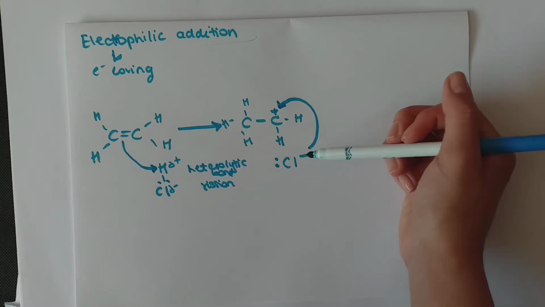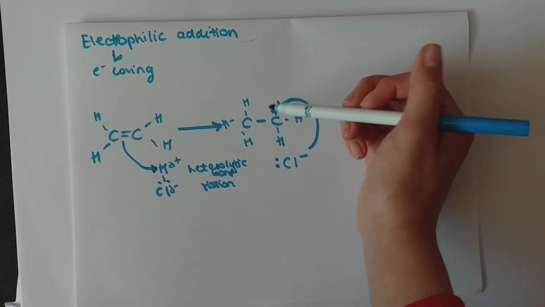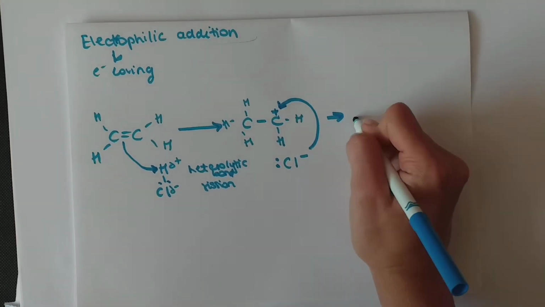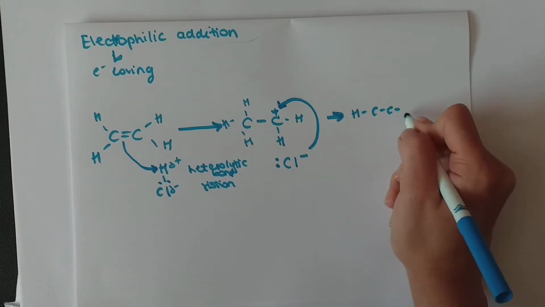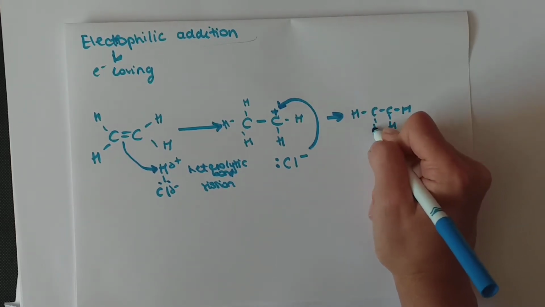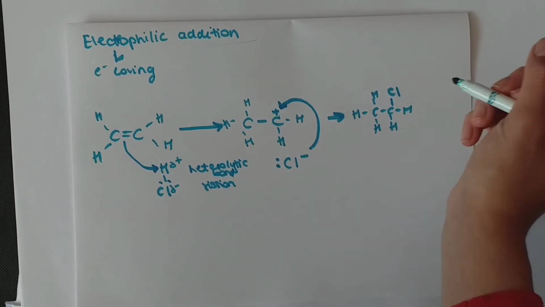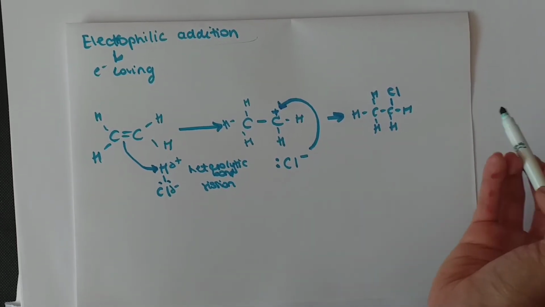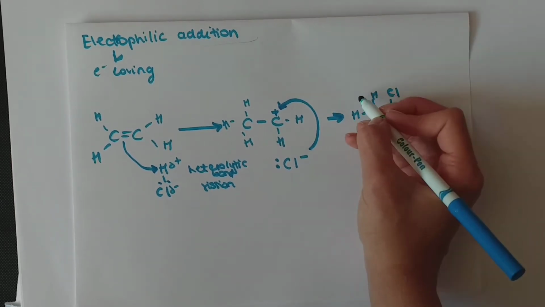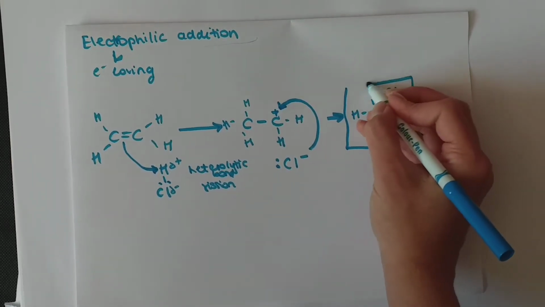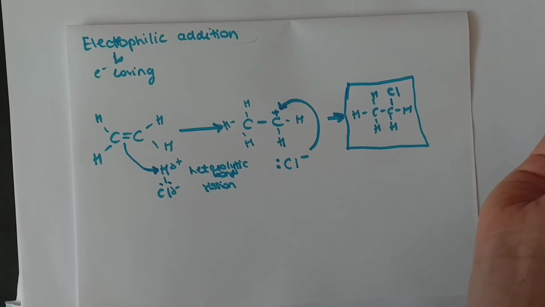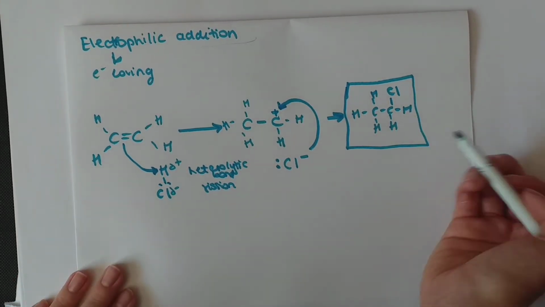Chlorine is negative, it's also lonely, so it's going to go in this place. Therefore, what we form at the end is all the hydrogens, and on here we have chlorine. That's also how you form a haloalkane. So you can either do halogenation or electrophilic addition.